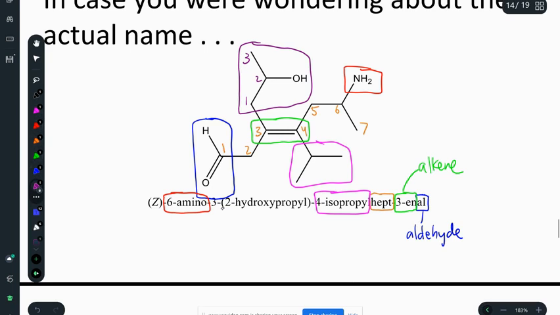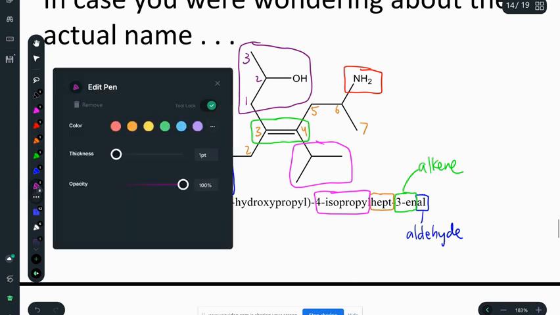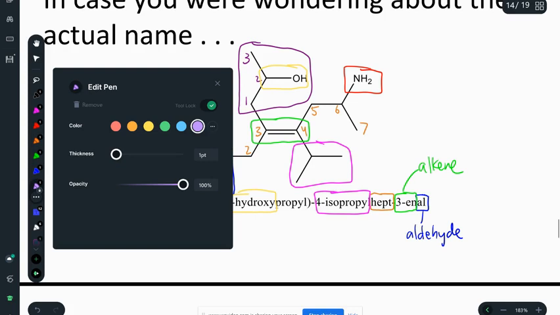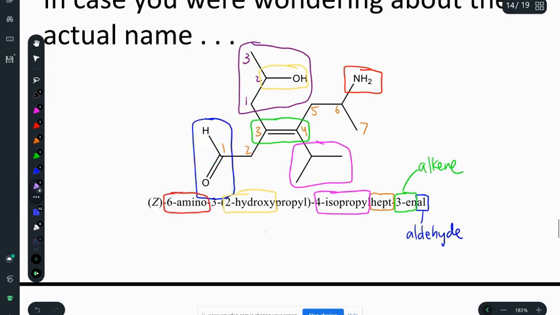I think I'm out of color, so I'm going to need a new color for this. I'll go with this yellow. So the 2-hydroxy part comes from there, and then the propyl part comes from this whole piece there.